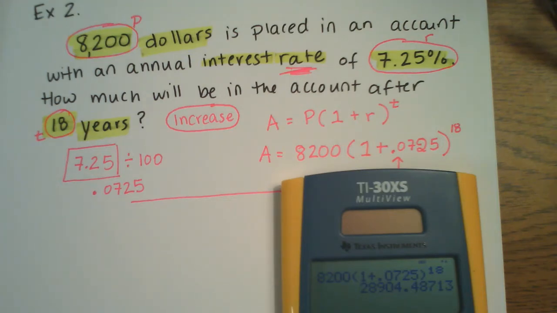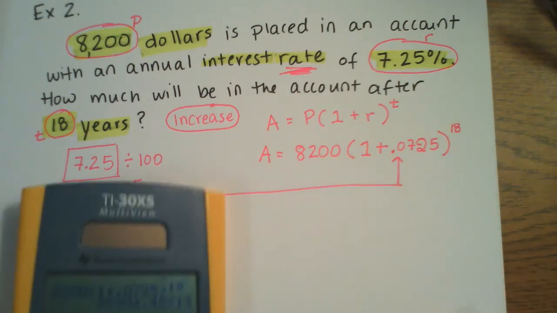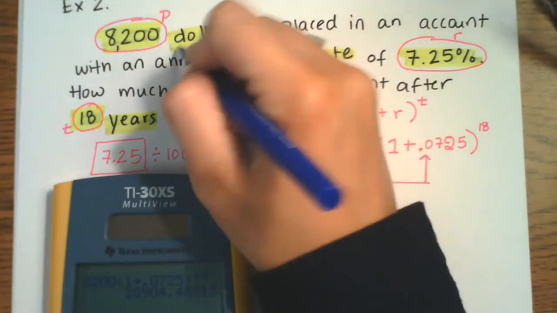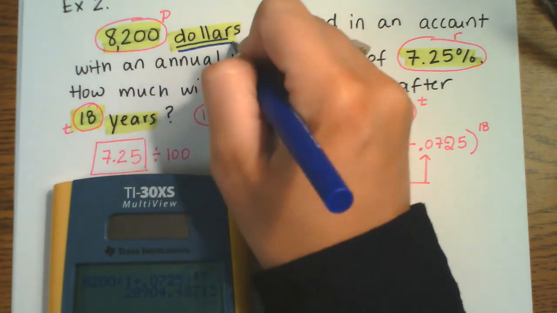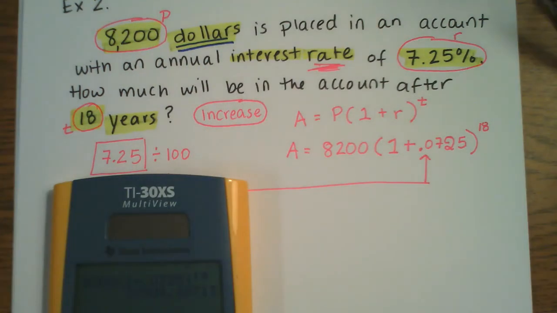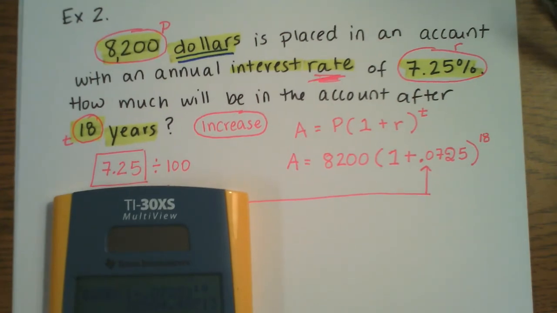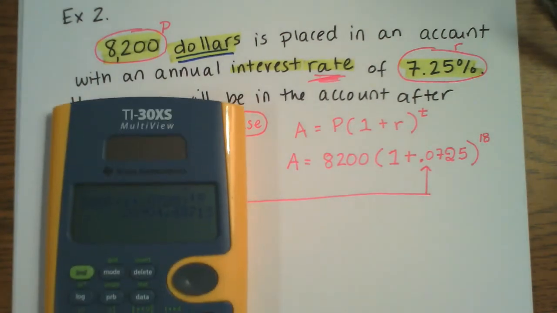But anyway, what we're going to record now, we're talking about dollars. So you would want every single penny that the bank owed you after 18 years. Since we're talking about money, we're going to take 2 decimal places this time.